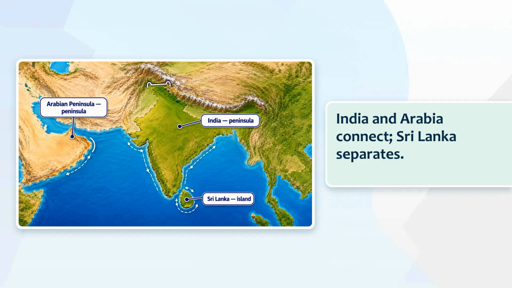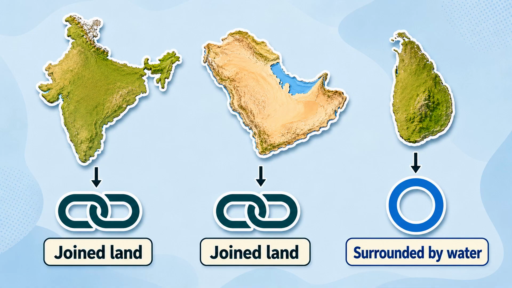India and Arabia connect, Sri Lanka separates. Those visible map relationships lead to different classifications. Real coastlines have complex shapes, so the reliable test is connection. India and the Arabian Peninsula continue into larger land, while water closes around Sri Lanka.